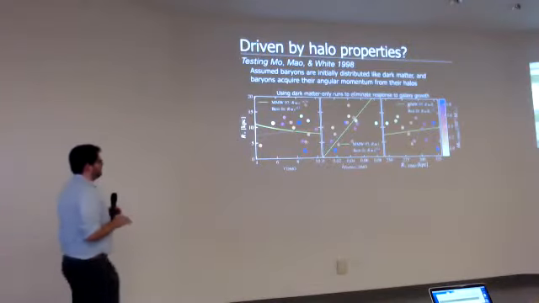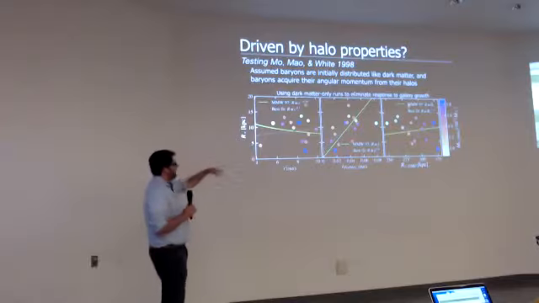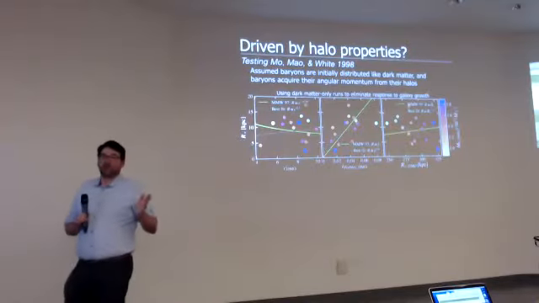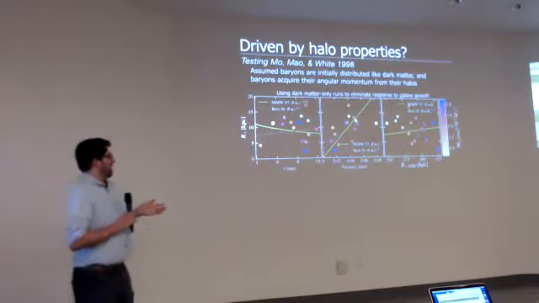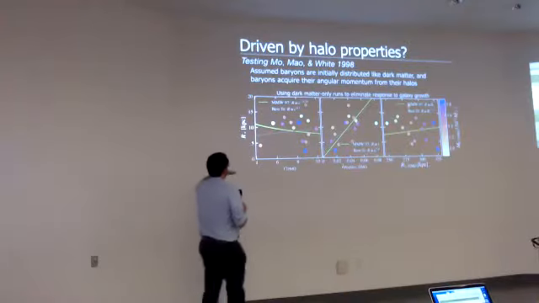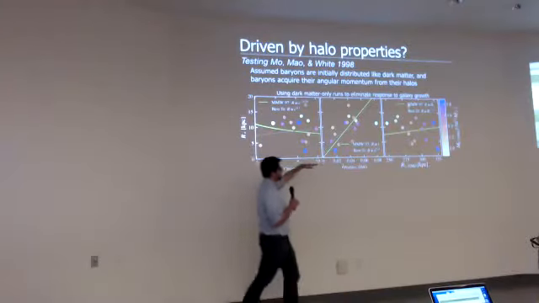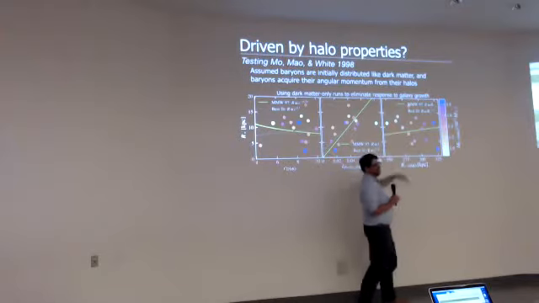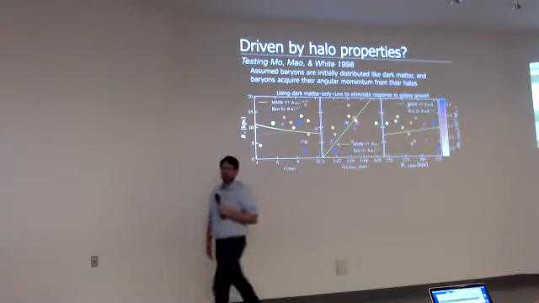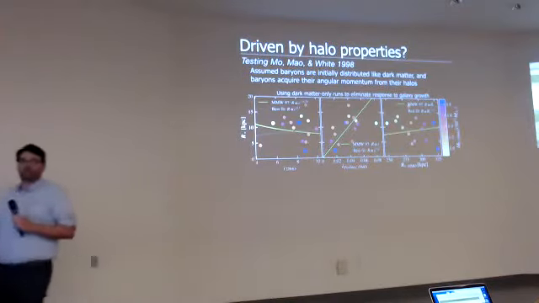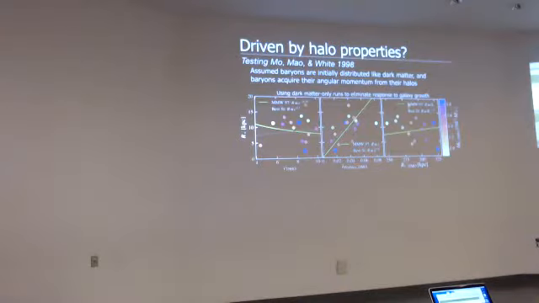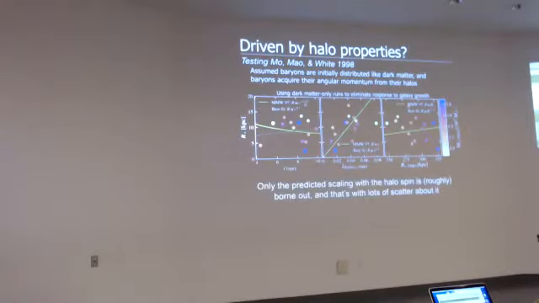It might be a little hard for you to see them, but I've also gone ahead and done just a best fit power law in the gray lines on here. If you can see in the concentration and the virial radius, we actually get inverted scalings relative to what Mo, Mao and White predict. Now again, this is over a relatively small mass range, but only the spin parameter correlation seems to be borne out by our simulations, and that's with a lot of scatter about it.